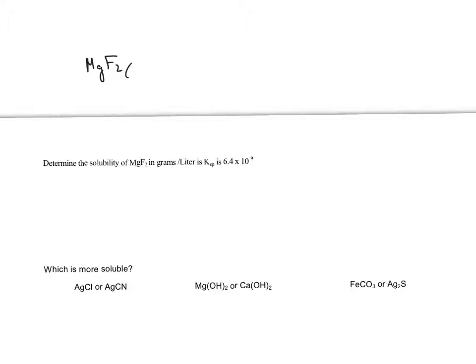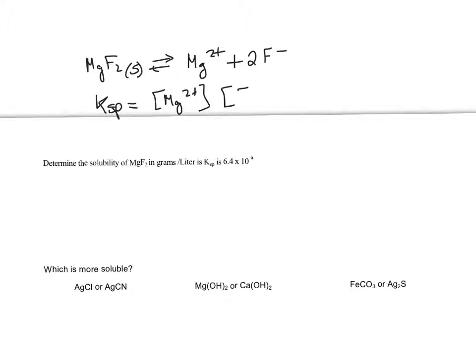MgF2 solid dissociates into Mg2+ and 2F-, and I'll write my Ksp expression. It is the concentration of the Mg2+ times the concentration of the F- squared.